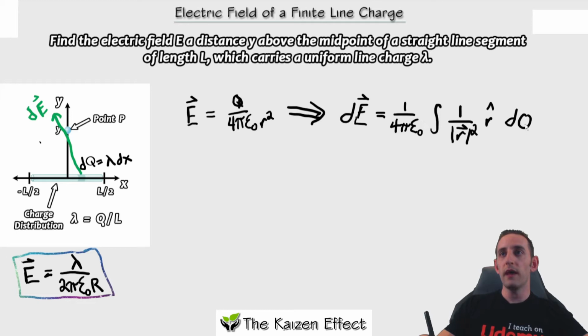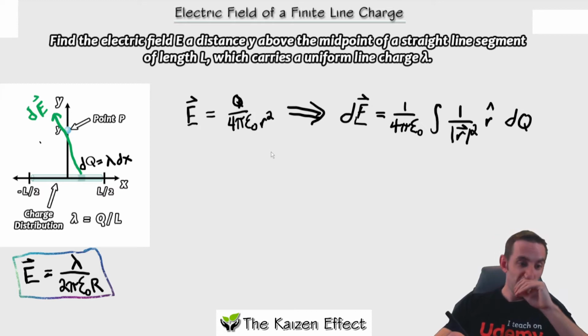And then we have dq, okay? So we're adding up all these guys. This guy can just become lambda dx. And this r is the distance from dq to our point of interest here, okay?